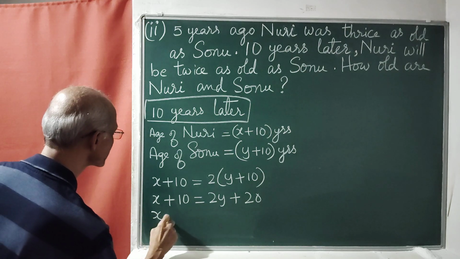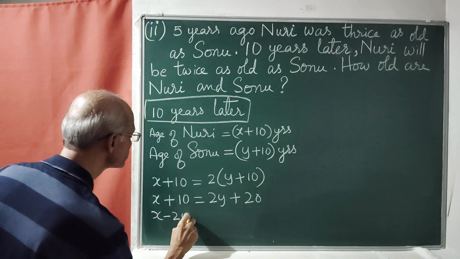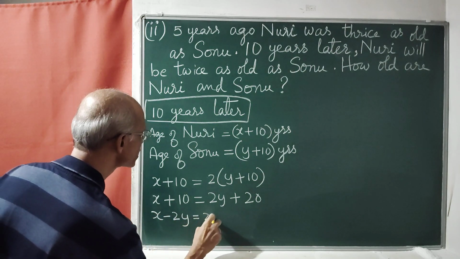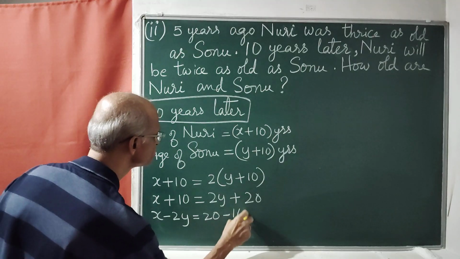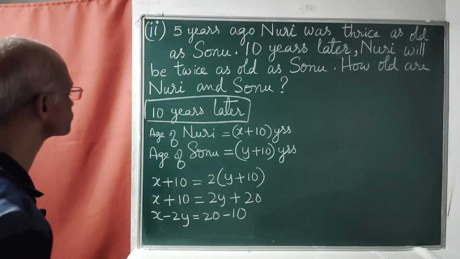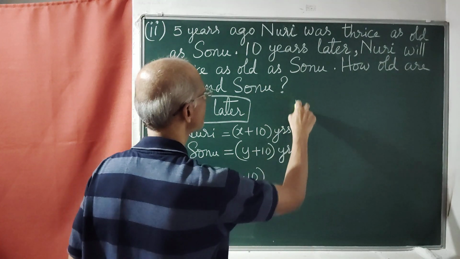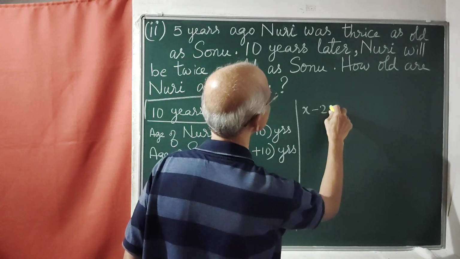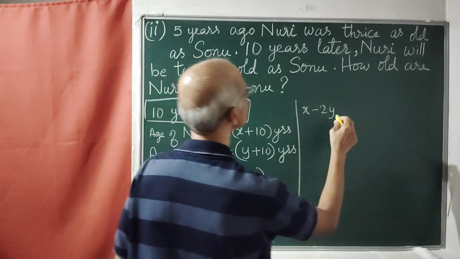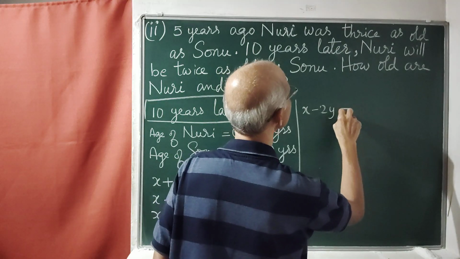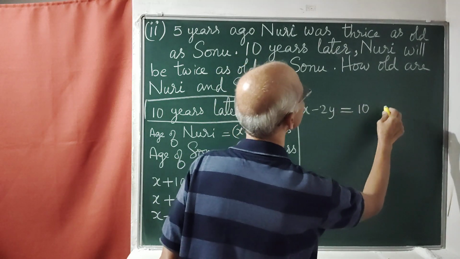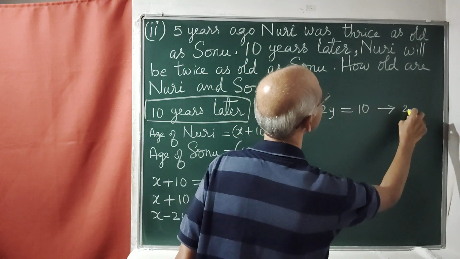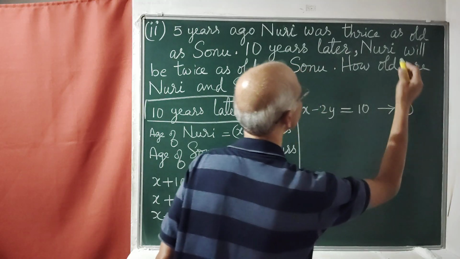So X minus 2Y will be equal to 20 minus 10. So X minus 2Y is equal to 10. This is equation number 2.